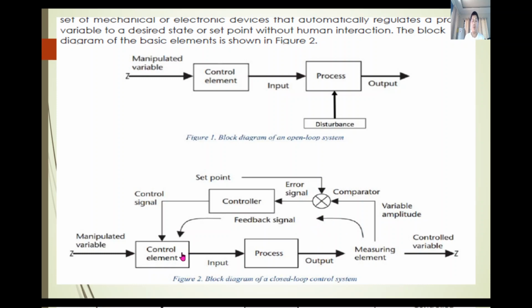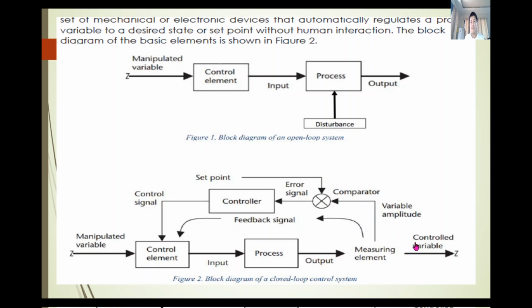And then the control element will have the input again to process to maintain, control the output. So in other words, in the closed loop control system, there is a feedback signal going to the control element.